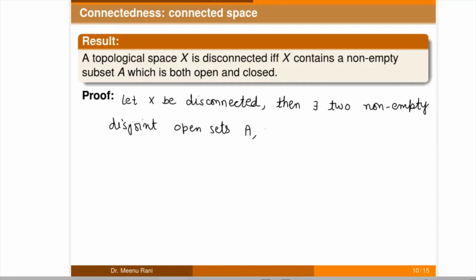Let us take A and B in X such that X can be written as a union of A and B, and these are disjoint also. So A and B both are open here, and if we take A equal to B complement, it also satisfies this condition.